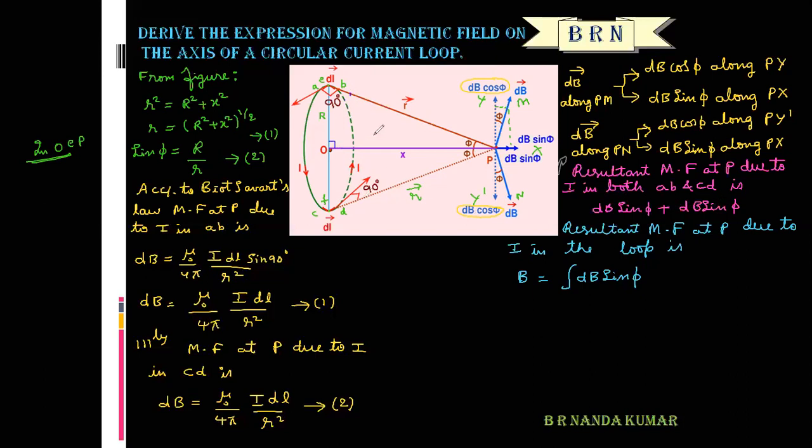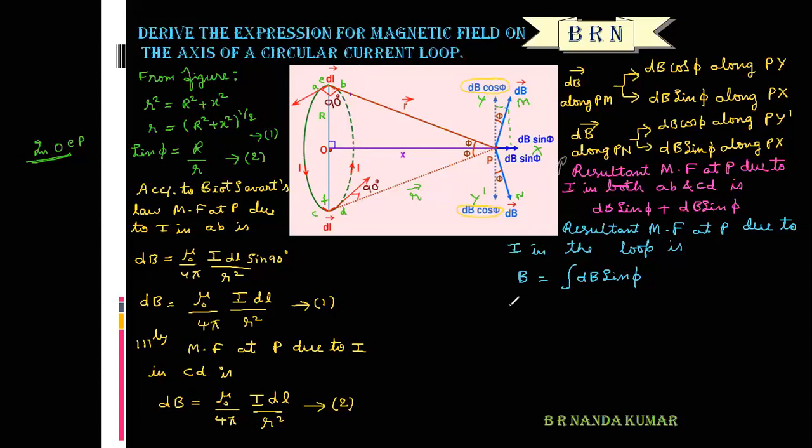Actually, a circular loop has so many diametrically opposite current elements. For each pair, we will get dB sin phi plus dB sin phi. For the entire loop, that is just integration of dB sin phi. B is the resultant magnetic field at point P due to current in the entire loop.